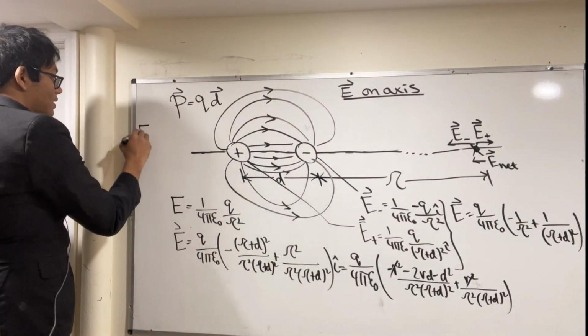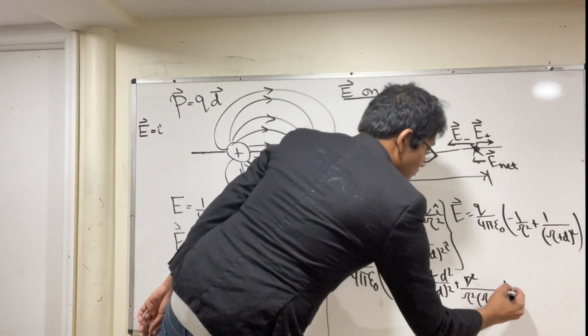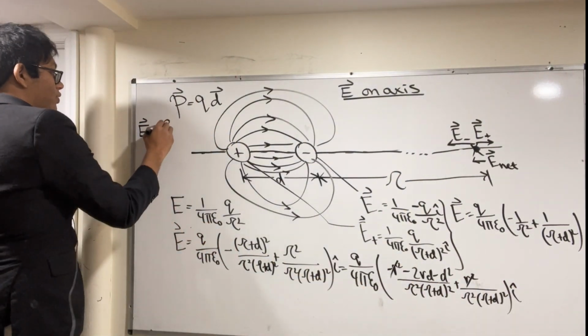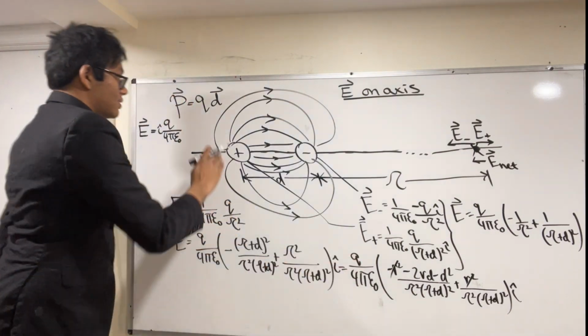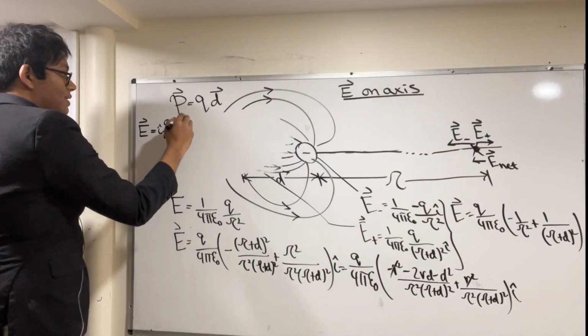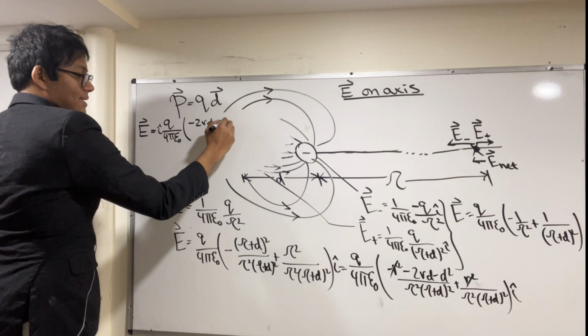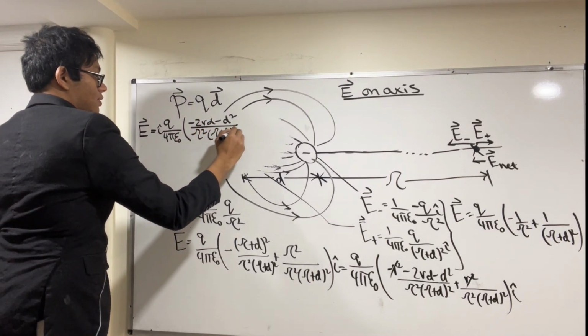The net electric field in the i hat direction is going to be q over 4 pi epsilon naught times all of this. Let's write all of that down. We have minus 2rd minus d squared over r squared times (r plus d) squared.